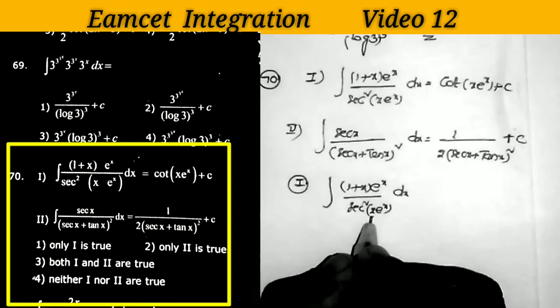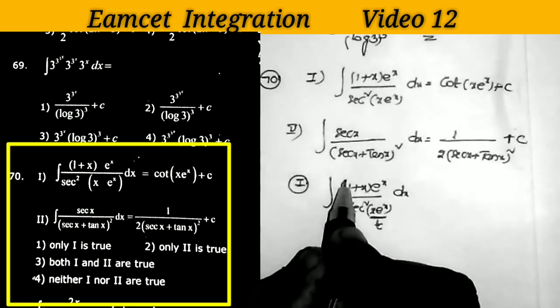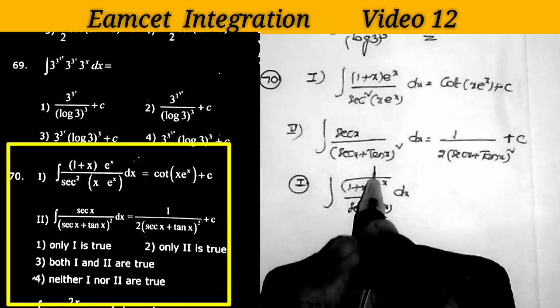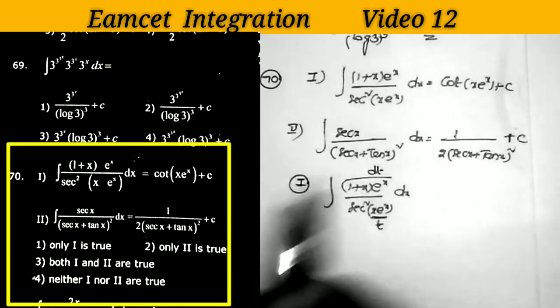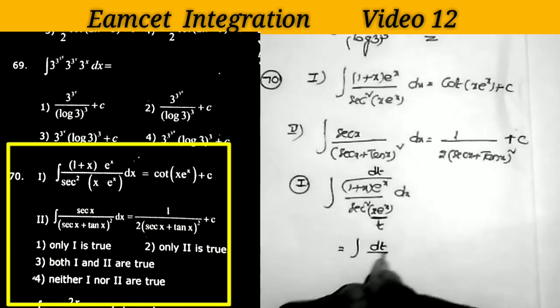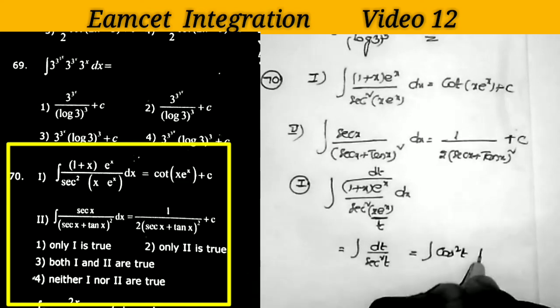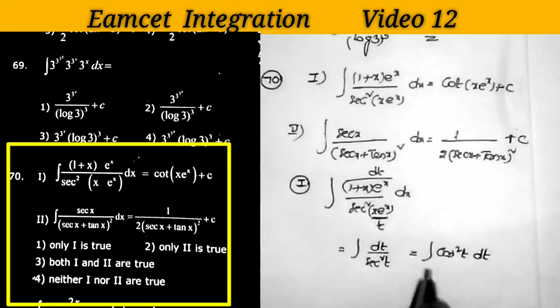First I take x into e power x equal to t. Then what is the derivative? (1 plus x) into e power x into dx becomes dt. Now the question becomes integral dt by secant square t, which is equal to integral cos square t into dt. Now how to take the integration of this one?